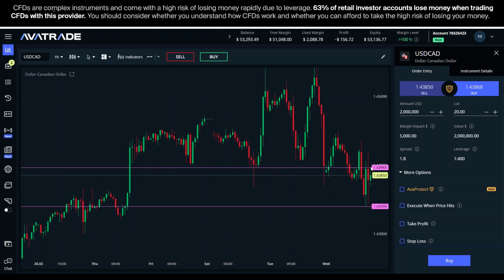So resistance here, support down here where it just spiked up from a few hours ago. So this could be an opportunistic spot if you feel like the USD will continue to weaken, that the Canadian dollar might pull the USD back down towards this direction down here. And if that was the case and you want to be in the sell direction, then what we're looking at is take profit down around 143.40.